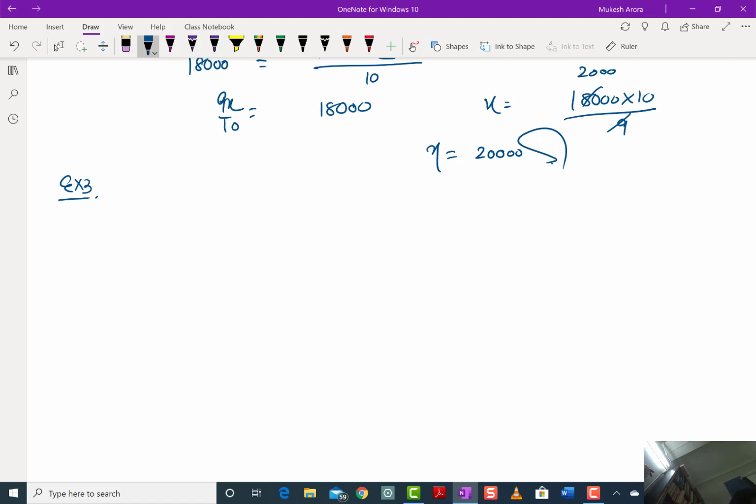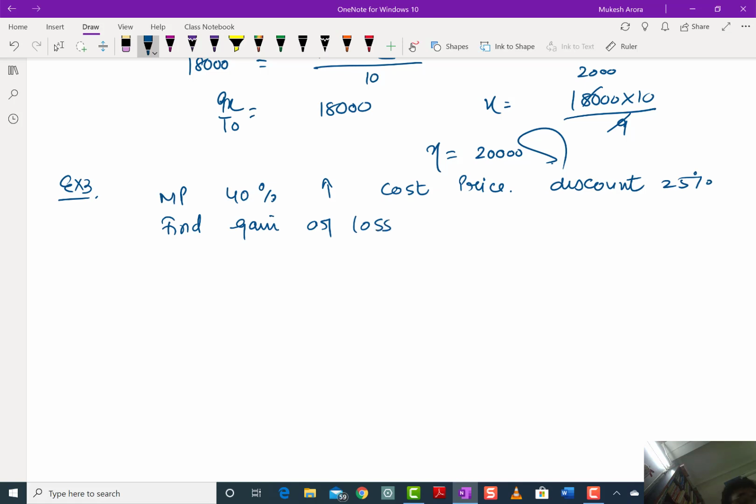Example 3. A trader marked the price 40% above the cost price, and the discount is 25%. Find gain or loss percent. So mark price is 40% above the cost price.